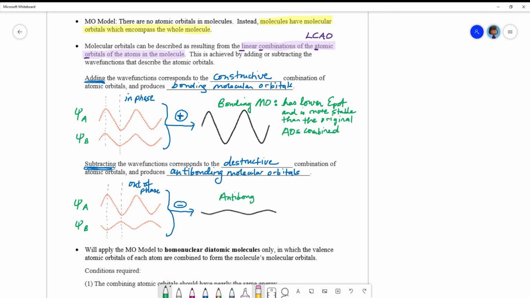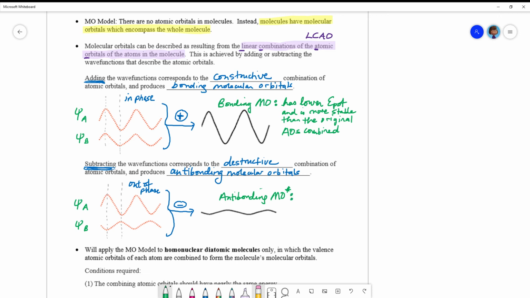Antibonding molecular orbital. An antibonding molecular orbital is typically indicated with an asterisk. So anytime you see an asterisk beside a molecular orbital, it's an antibonding molecular orbital.